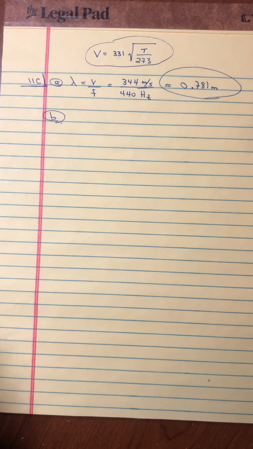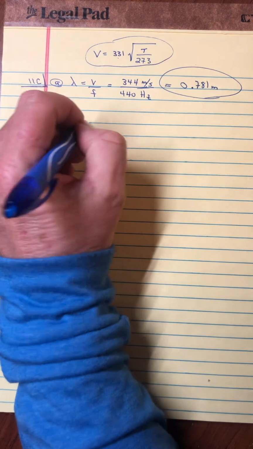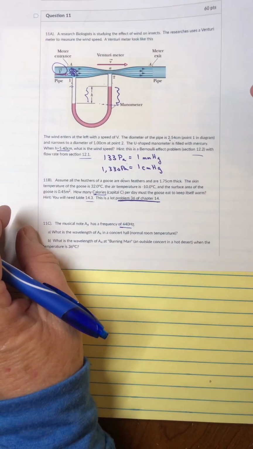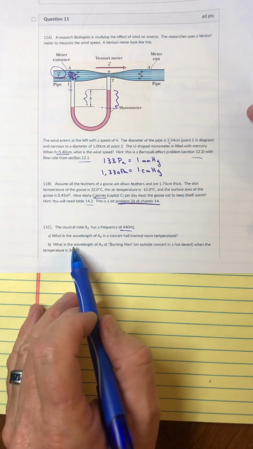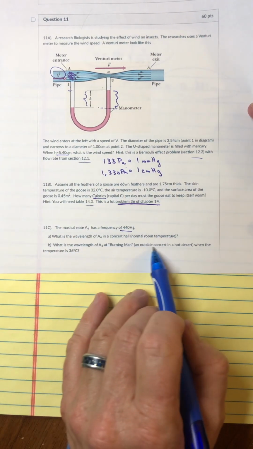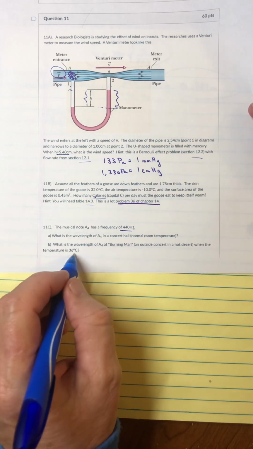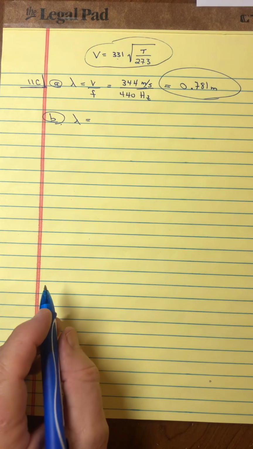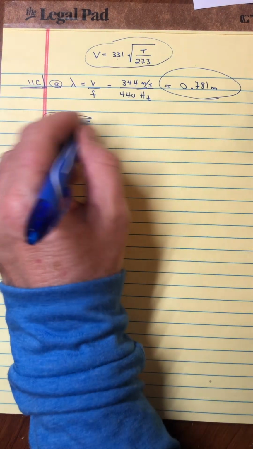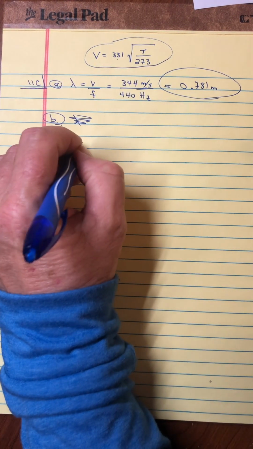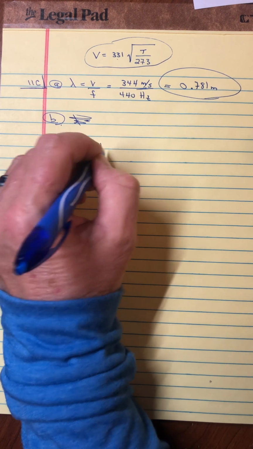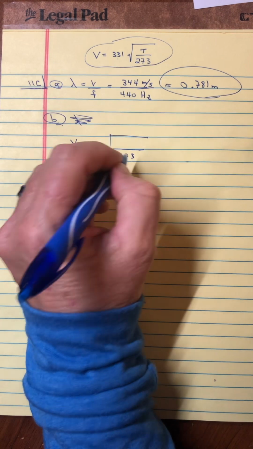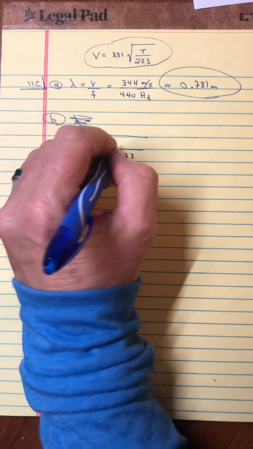What is the wavelength? But then this concert is taken to an outdoor arena in the desert, so at Burning Man here. What's the wavelength when the temperature is very warm, 36 degrees Celsius? So maybe before I even start the calculation, I should find out what the speed of sound is in that warm environment.